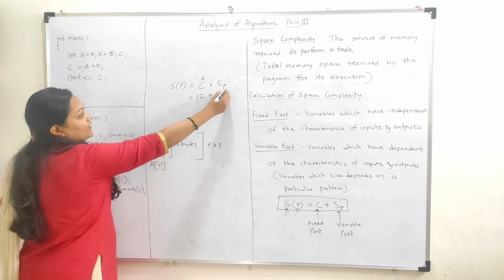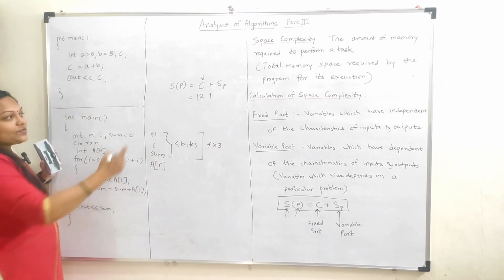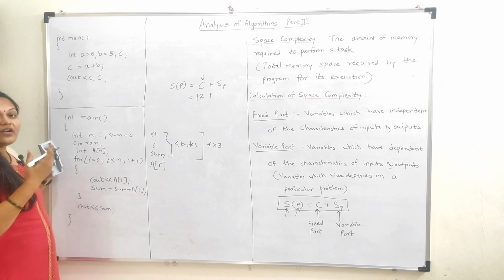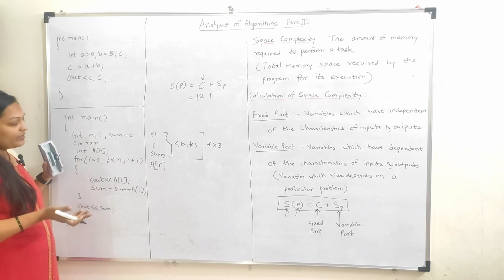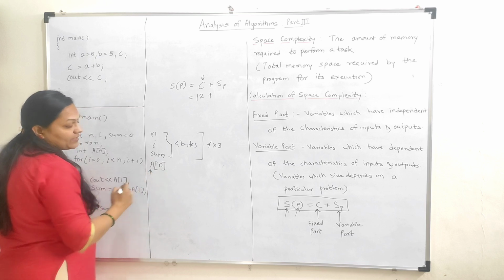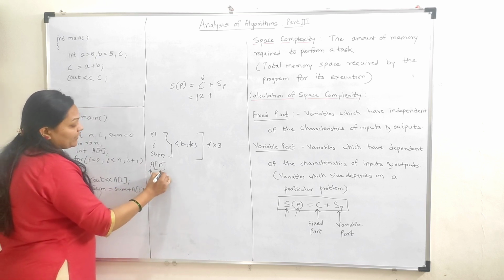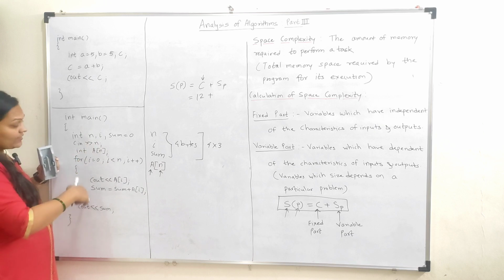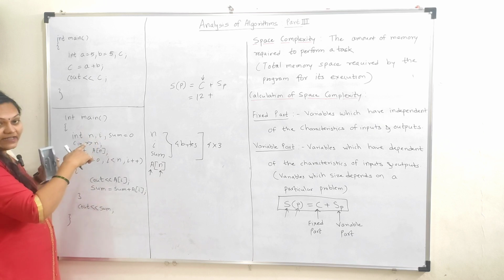Now consider the second one, SP. In SP we are going to consider variables whose size depends on another variable. So here is the array. Our array name is A and its size is n. We are taking n from the user in this example; we have not declared that n.